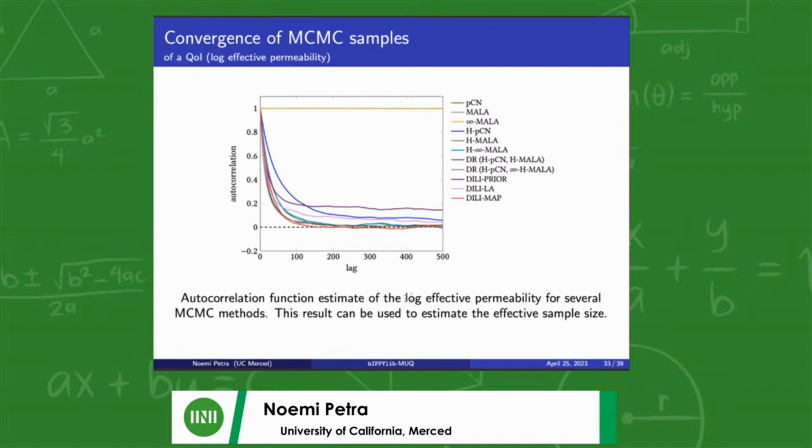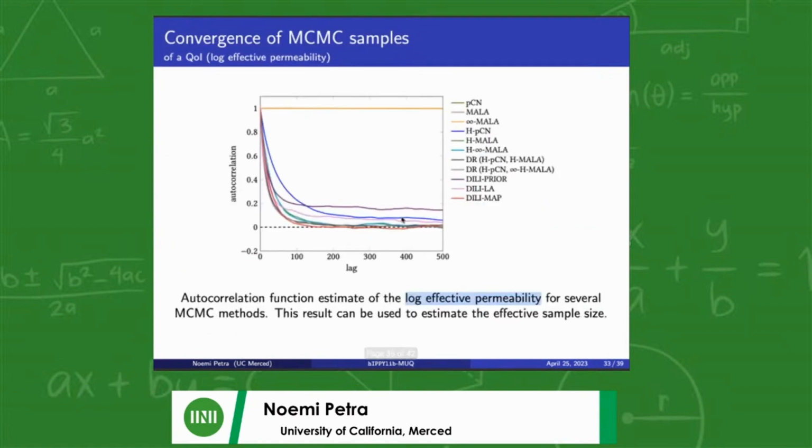In this case, we looked at the log effective permeability, and we looked at this for several MCMC methods. And as you can see, most of the Hessian-informed methods do quite well in terms of efficiency or convergence.